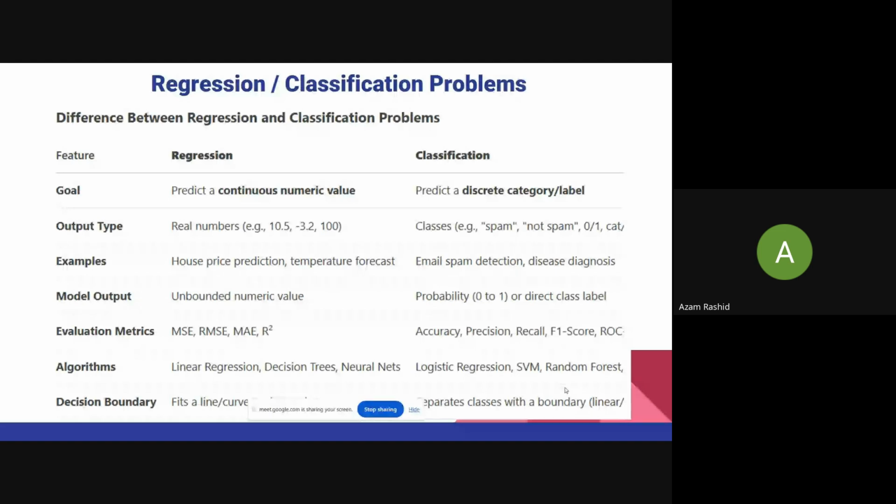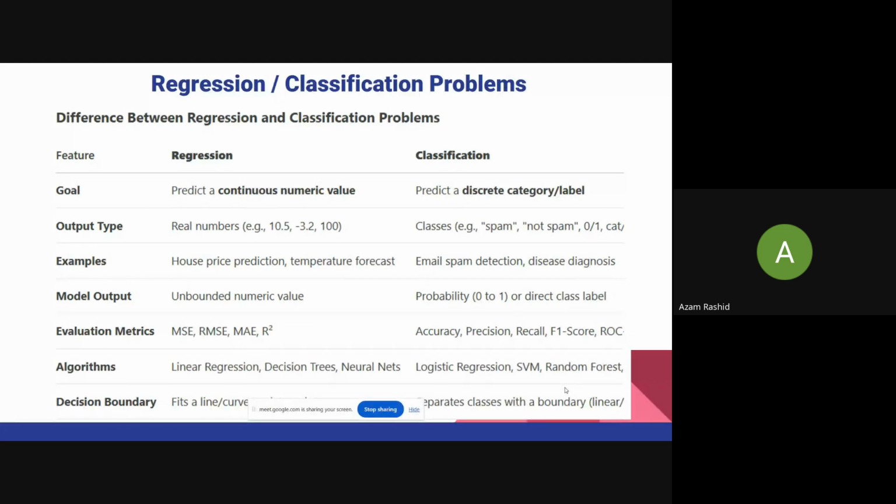Similarly, binary and multi-class models belong to classification. Examples are house price prediction and temperature forecasting for regression, and email spam detection and disease diagnosis for classification.